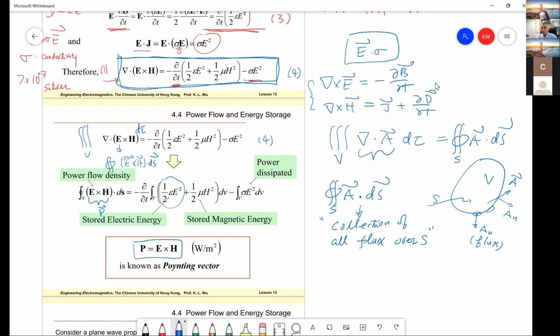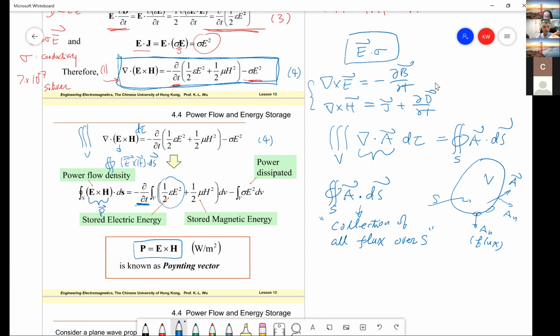Because of the volume integration, we collect all the energy contained in the volume, and then say how it changes with time.